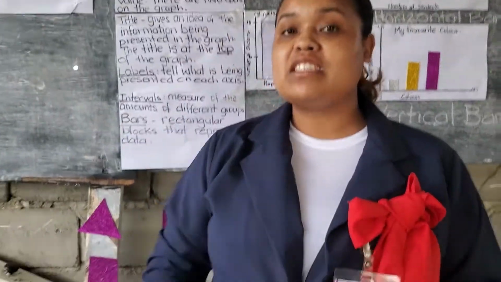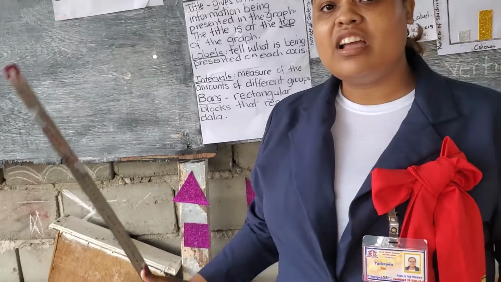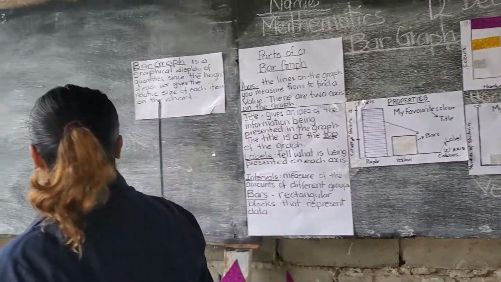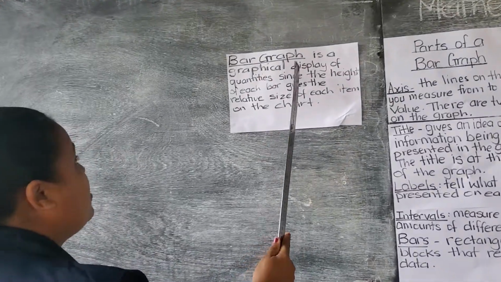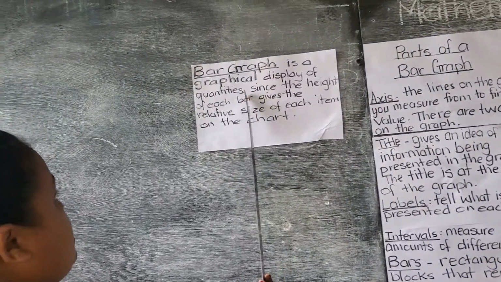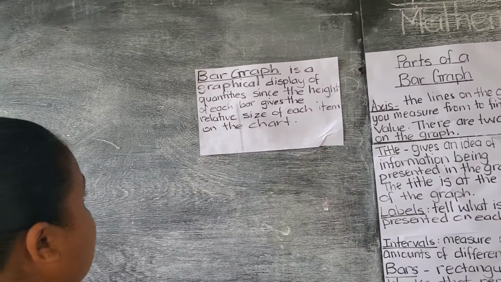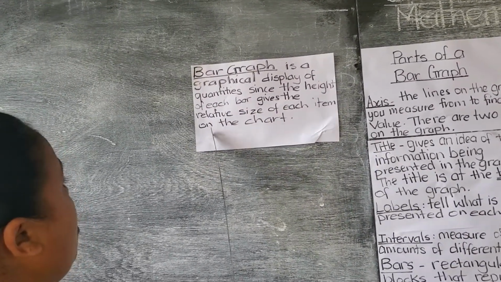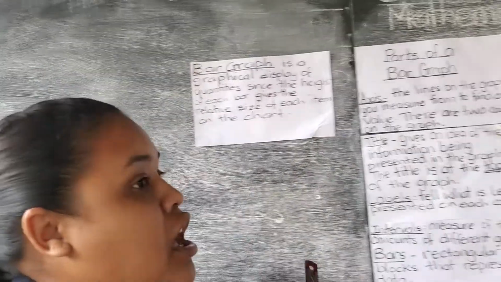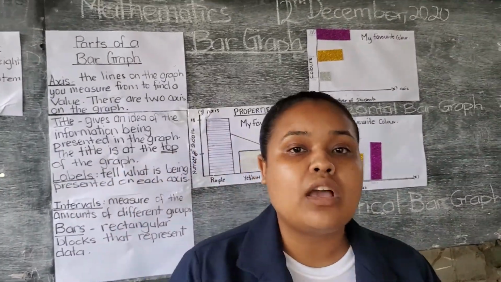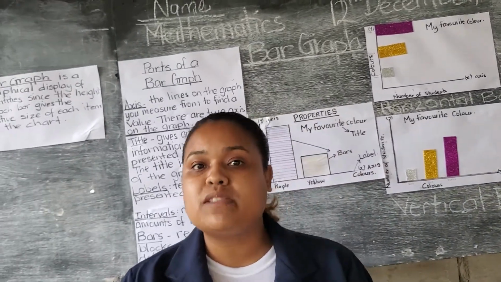Now, I have a small definition here that I have written down to give to you. It says a bar graph is a graphical display of quantities since the height of each bar gives the relative size of each item on the graph. Now, based on the video, who can tell me what are the 2 types of bar graph?